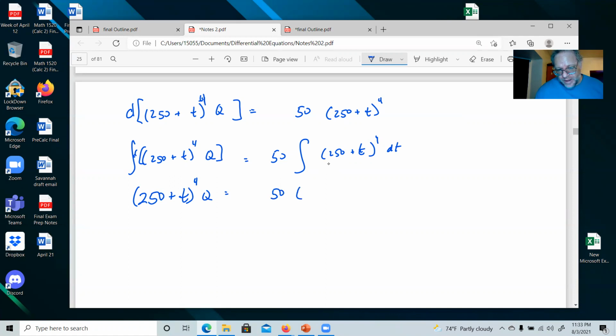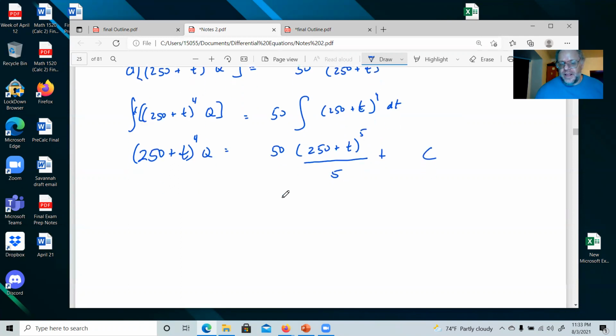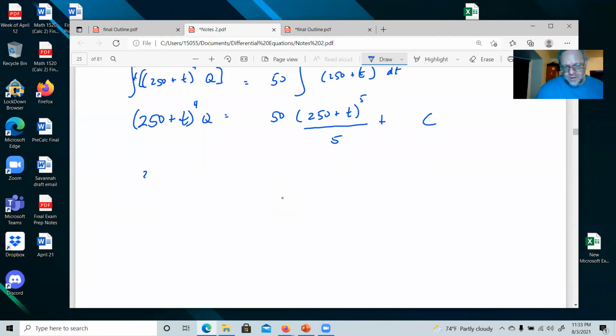And then here we have it, 250 plus t raised to the 5th power all over 5 plus c. So we have 250 plus t raised to the 4th q is equal to 10 times 250 plus t raised to the 5th plus c.